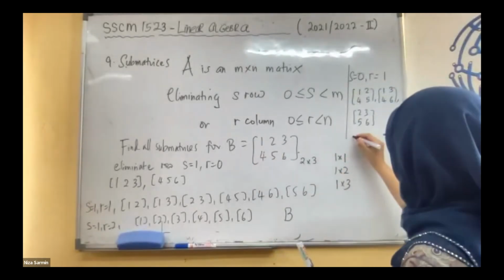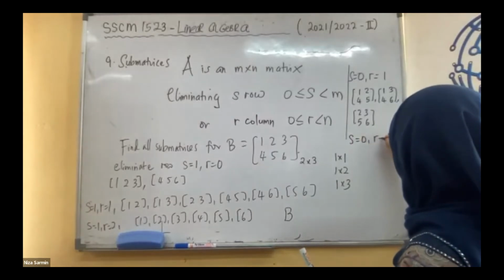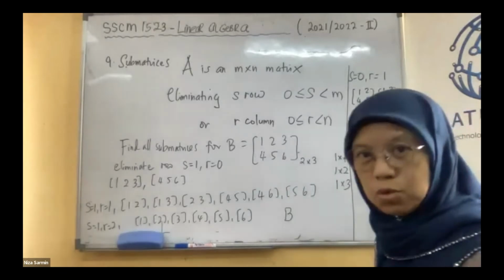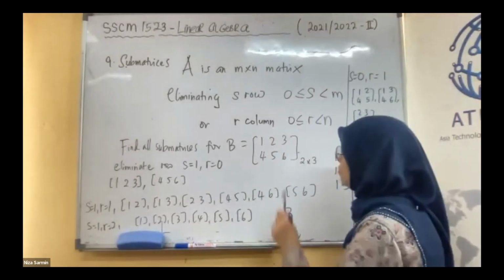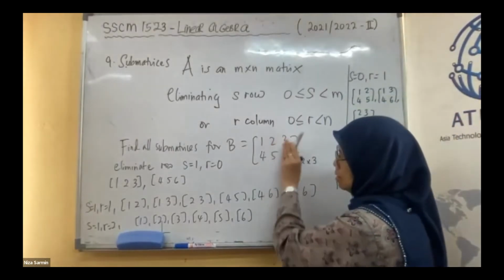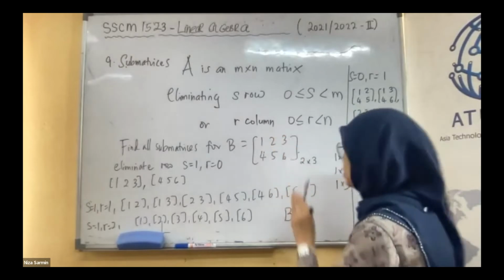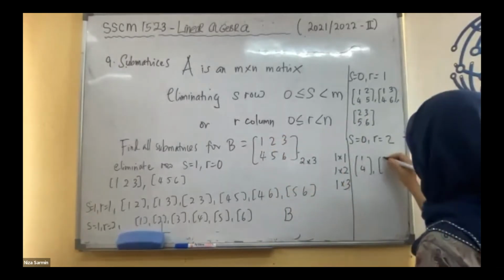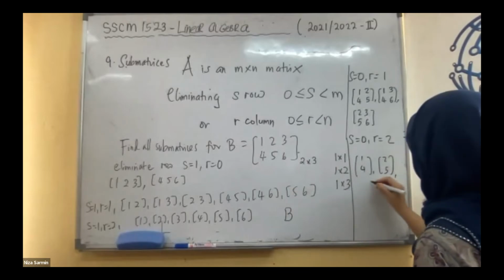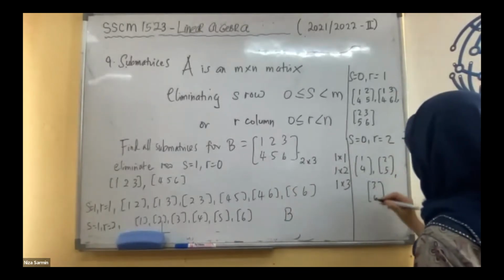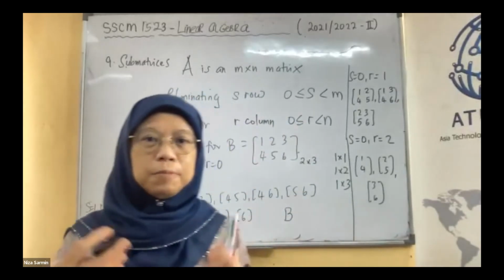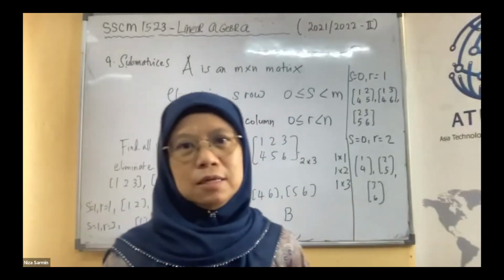What about I eliminate 2 columns? Eliminate 2 columns. What's left is just the 2 by 1, right? So you just can copy 4, 2, 5, 3, 6. This is the right explanation by eliminating.